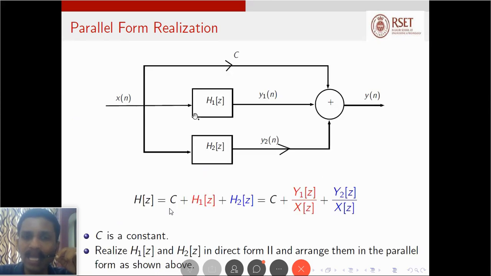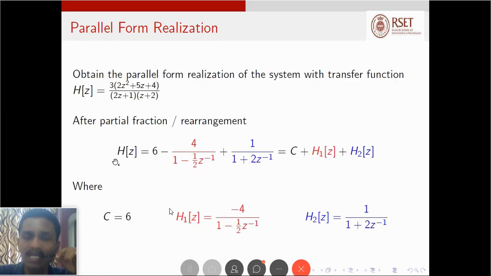And realize like this: C plus H1 of Z plus H2 of Z. Here you can see that this is C, this is H1 of Z, and this is H2 of Z.